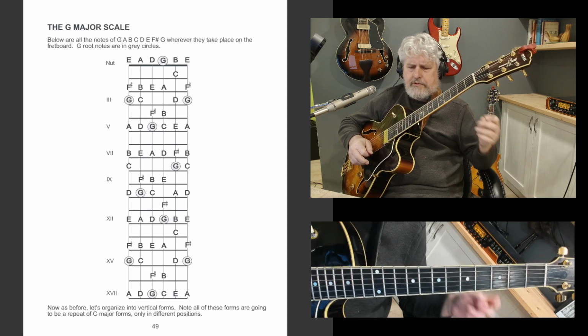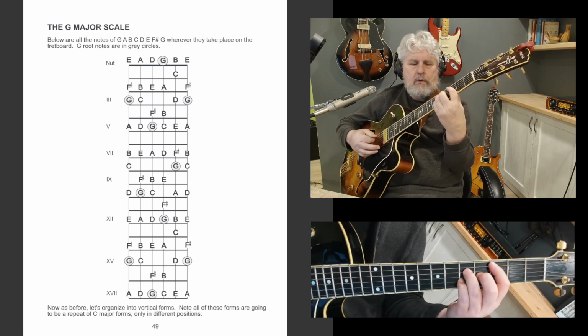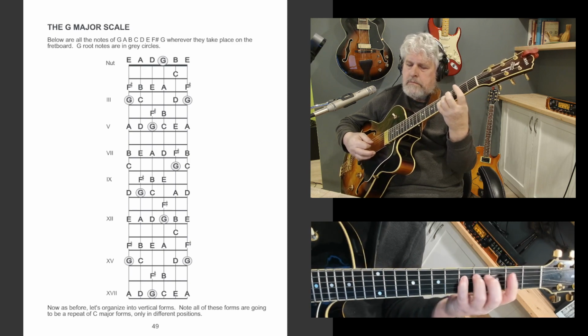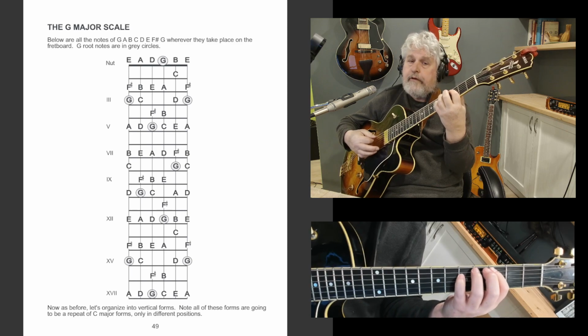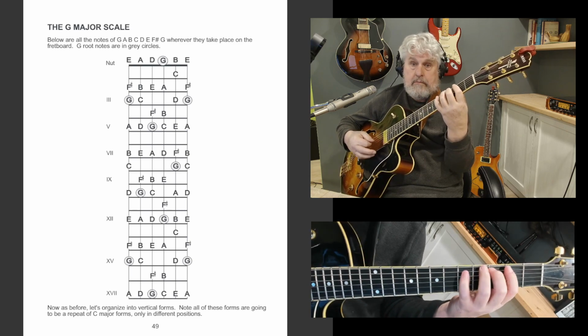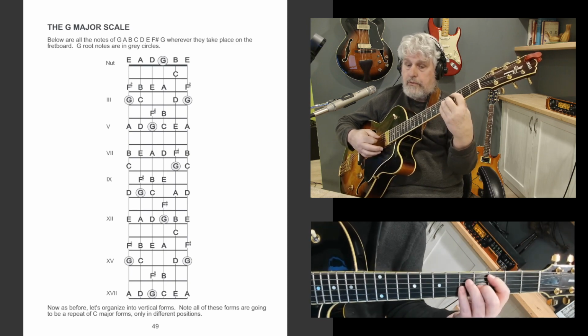A fellow named George Russell wrote a book called The Lydian Chromatic Concept, and he pointed out that the augmented 4 really is like another leading tone to the very strong 5th, right? Like the leading tone that we have leading to the root, right?